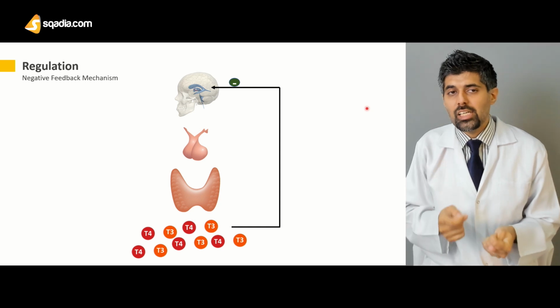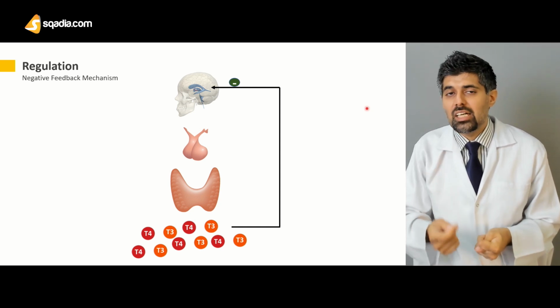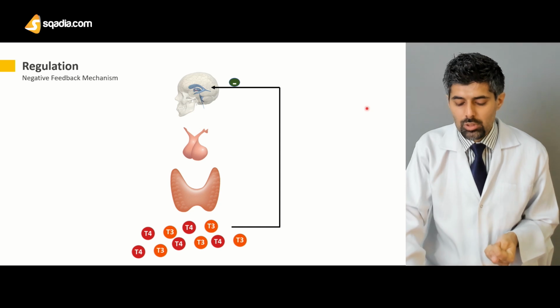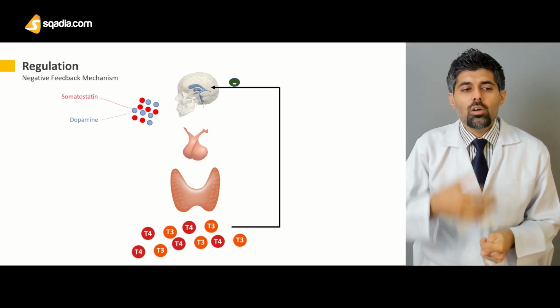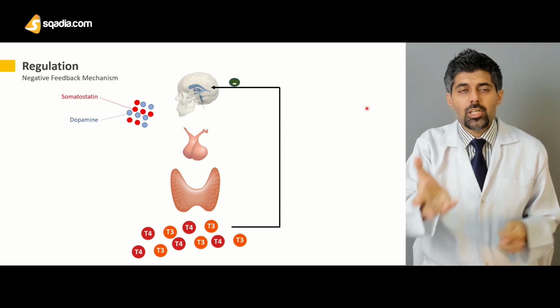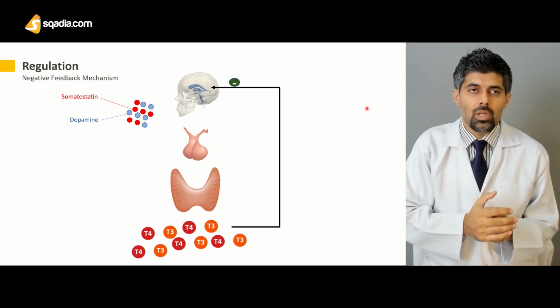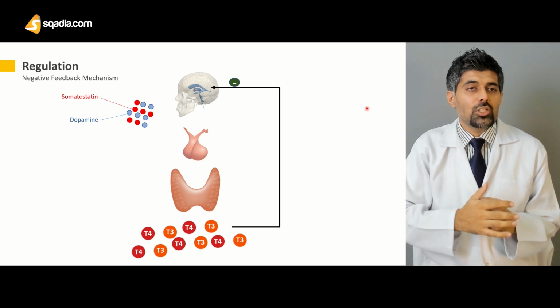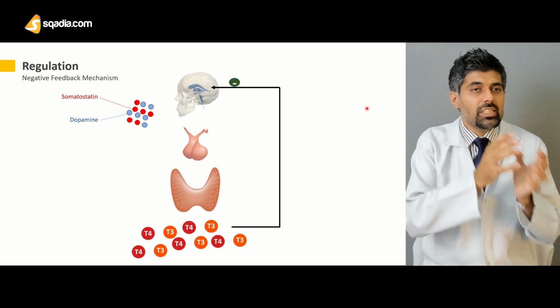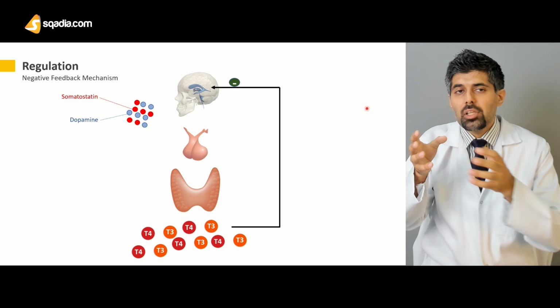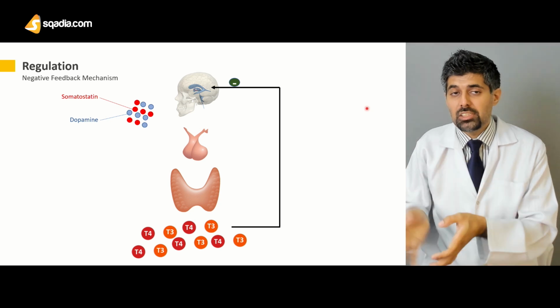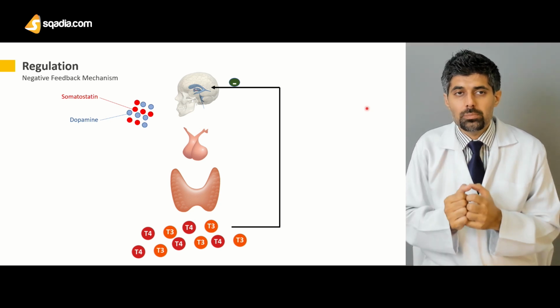Now, because TRH is now being synthesized in lesser amounts, the effect of the TRH on the anterior pituitary is lessened. And because the TRH is lessened, the TSH being released by the anterior pituitary is again decreased.